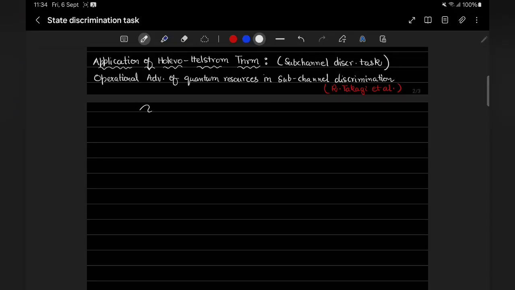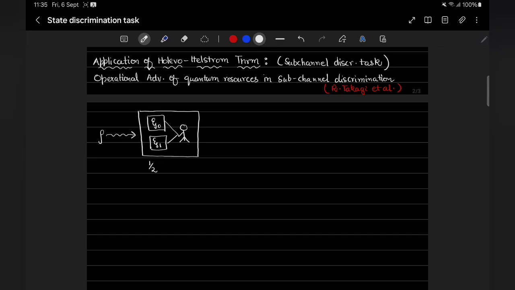So what we have is, suppose we have a black box which has two channels in it, epsilon 0 and epsilon 1, and there is an entity in the box who applies this channel to any input state rho with half probability.